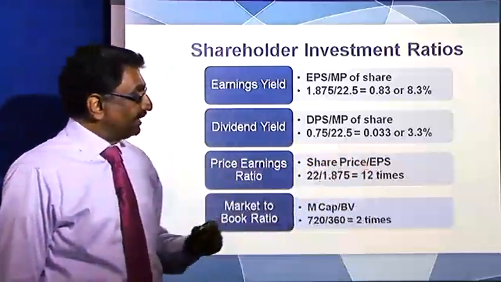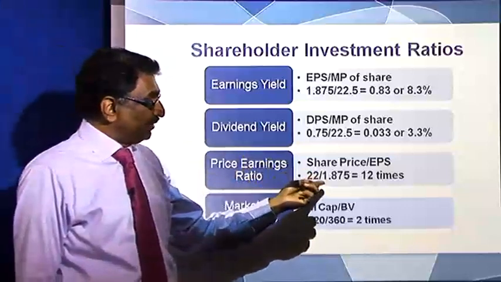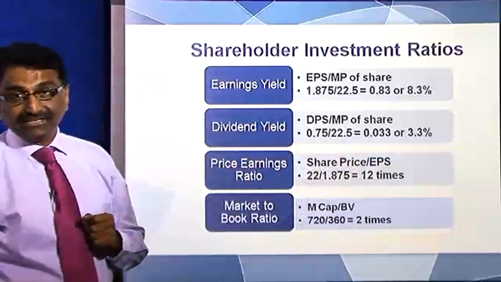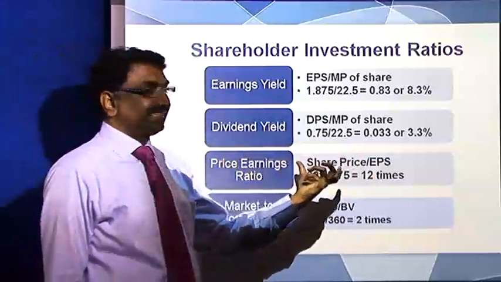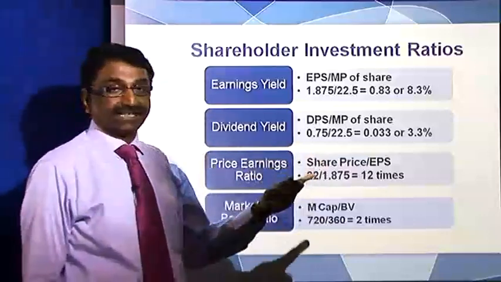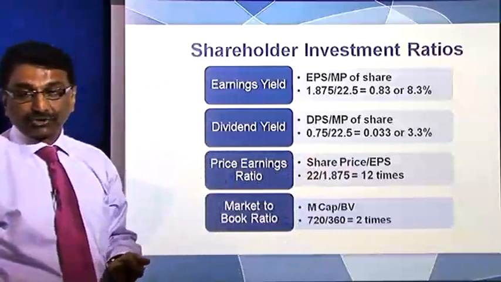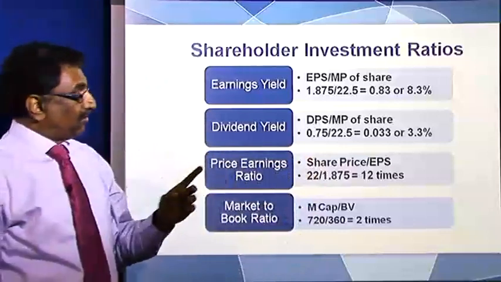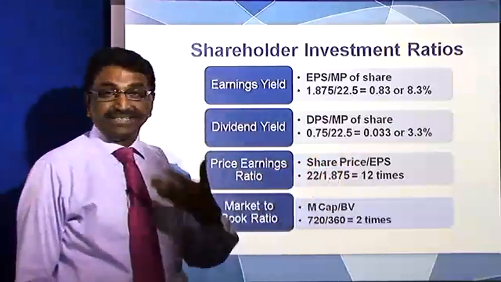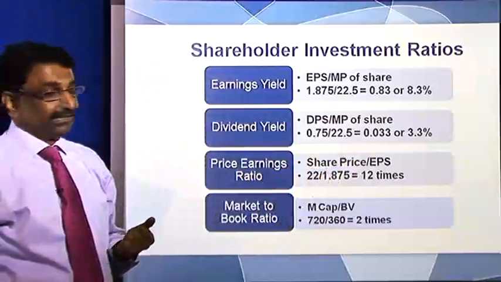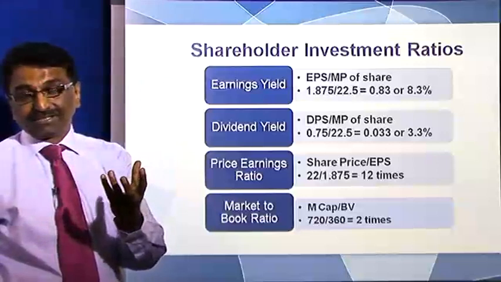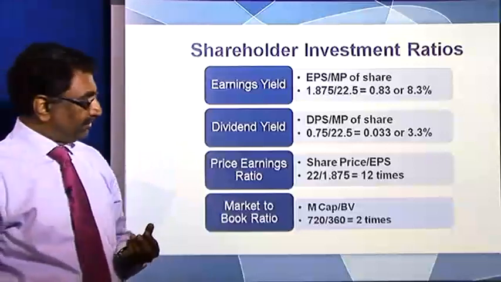Based on that, we arrive at the fact that for every rupee of earnings, the investor is willing to pay 12 times that as the share price. Now, this actually is basically a reflection of the future growth potential that the investors see. We have a video that we will show shortly, which will give you a much greater insight into how this reflects the growth of the company, and how this is also used for comparing different companies in terms of the value of the share.